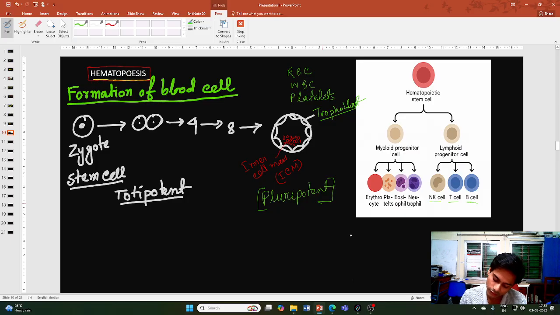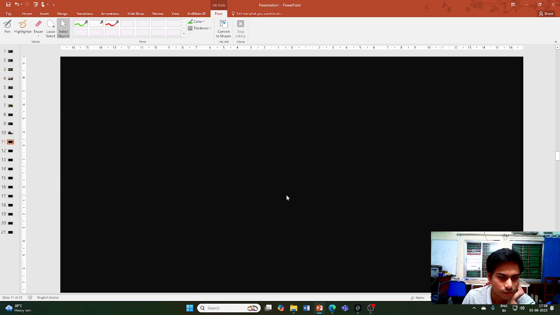The inner cell mass doesn't have complete body formation, because the trophoblast has separated or differentiated from the totipotent. So now we have the pluripotent cell. Our target is the pluripotent cell. Now I am going to the next slide.